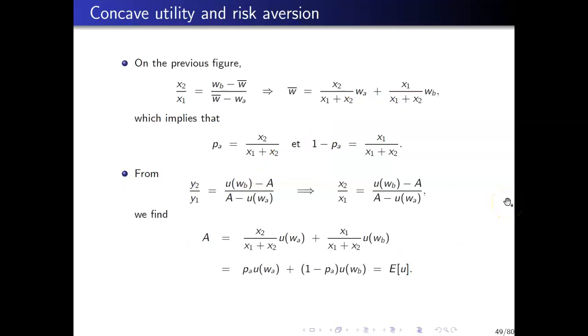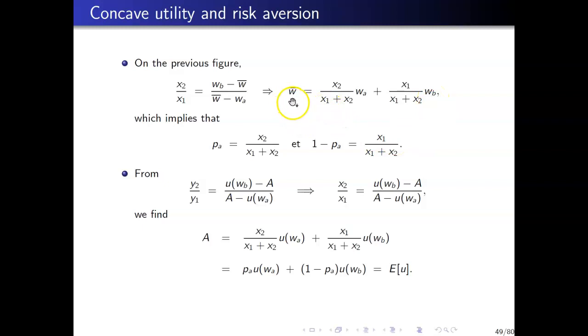Good. Okay, now we make the demonstration. So we have shown that x2 is WB minus W bar, x1 is W bar minus WA. We rearrange this as a function of W bar, and we obtain W bar is equal to this fraction here times WA plus this fraction here times WB.